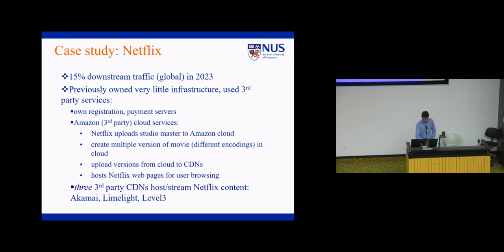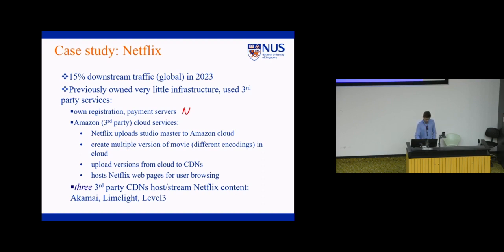But still, Netflix owns its own payments and registration servers. This is their preference. It doesn't require too many servers for that. You can just set up a few servers in the US, perhaps, and serve all the people from there.